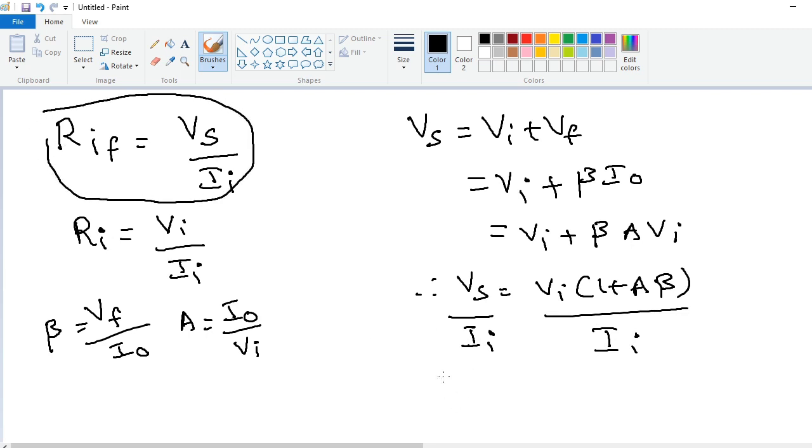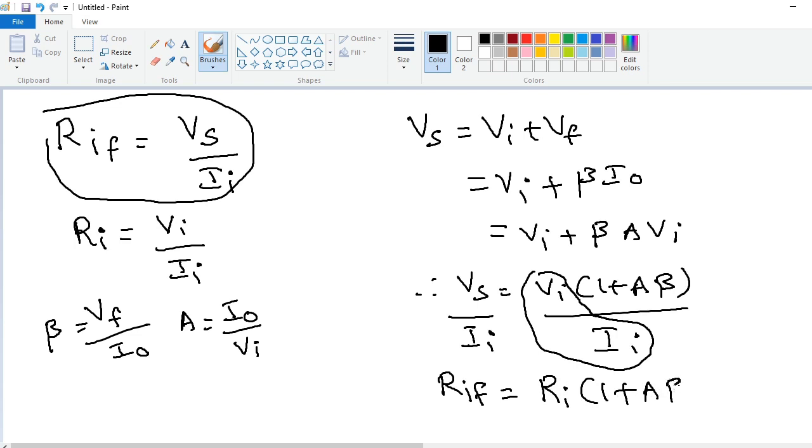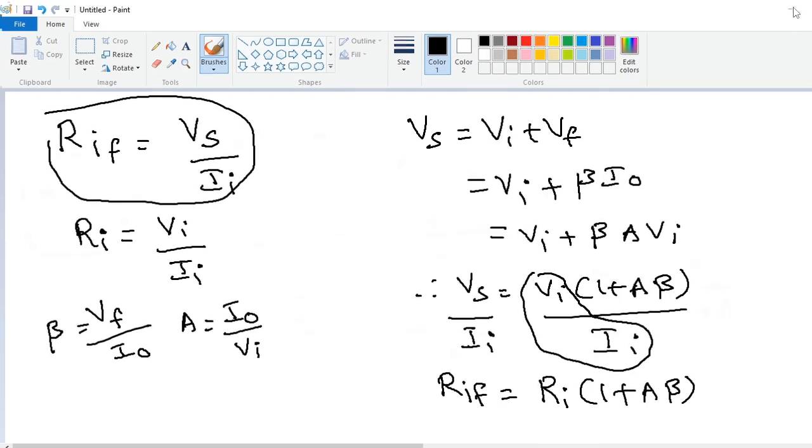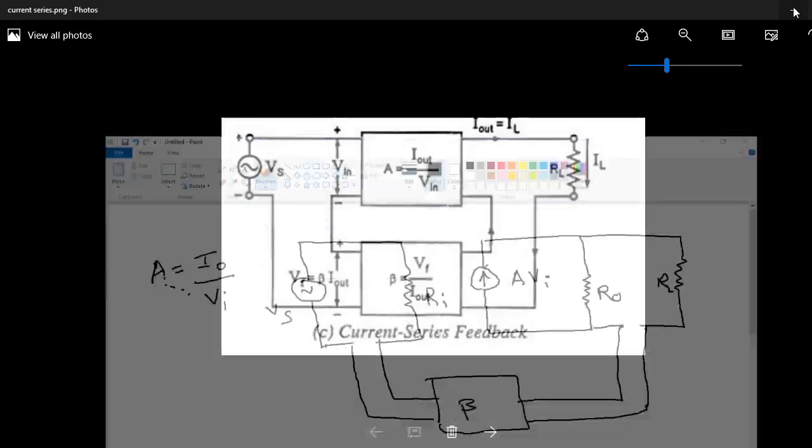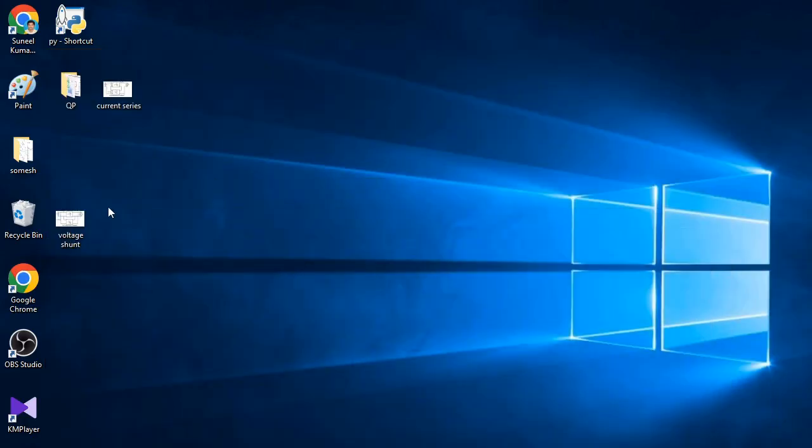So Vi divided by Ii is equal to Ri into 1 plus A beta. So because of series mixing, input resistance of a current series feedback amplifier is increased by the factor of 1 plus A beta.